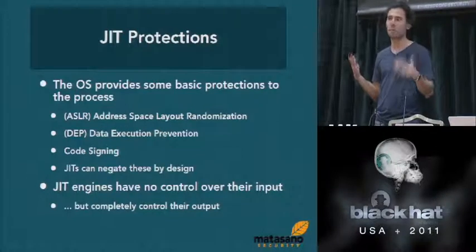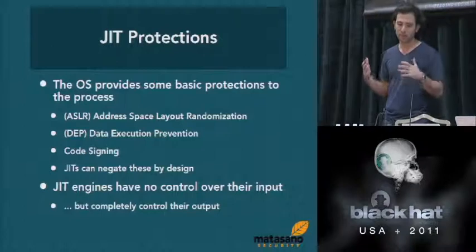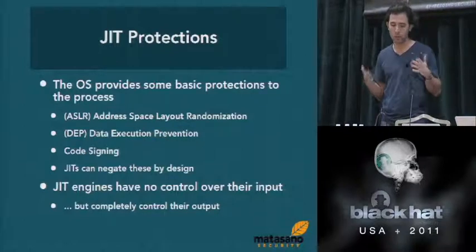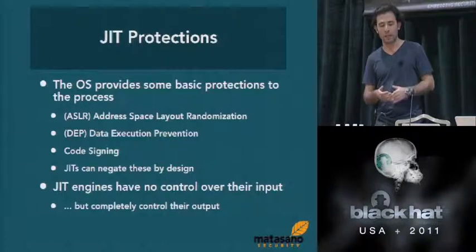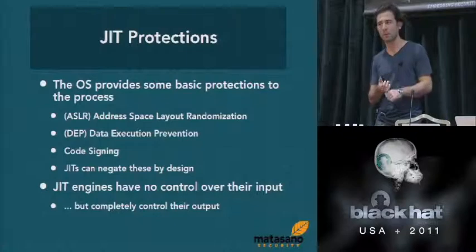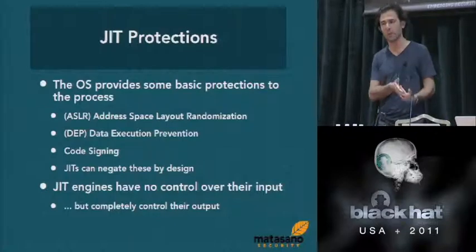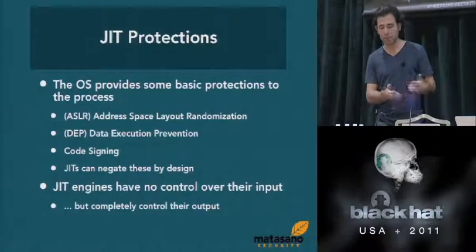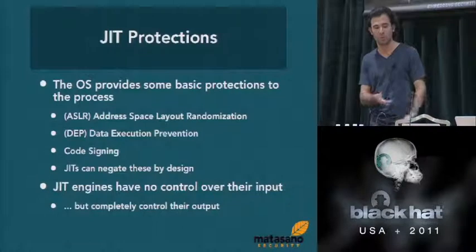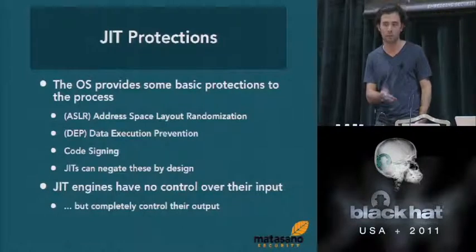You're always emitting native code, and you're not executing what was on disk earlier. So much so that the performance benefit of the JIT engine in mobile Safari on iOS is causing Apple to remove code signing on mobile Safari. Because of the JIT presence in mobile Safari, code signing is being turned off for it.